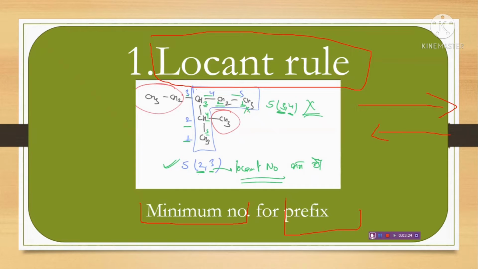For example, in this, the locant number for this ethyl is 3 when we count it from there and 3 when we count it from here. So it doesn't matter, we take it as 3. But for this, when we count it from here it is 4, and when we count it from here it is 2. So 4 is wrong and 2 is correct, so 2-methyl.